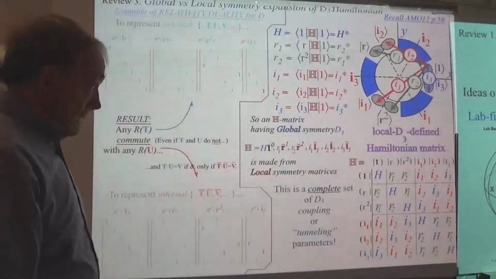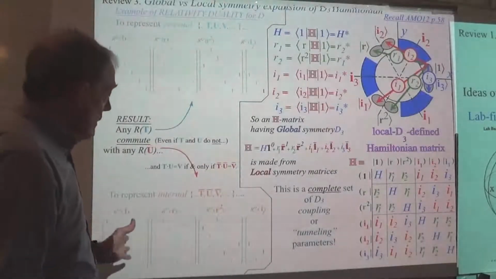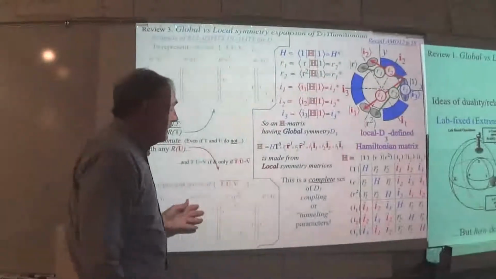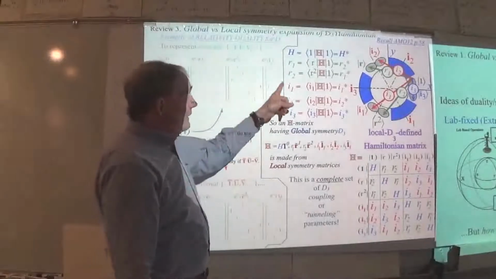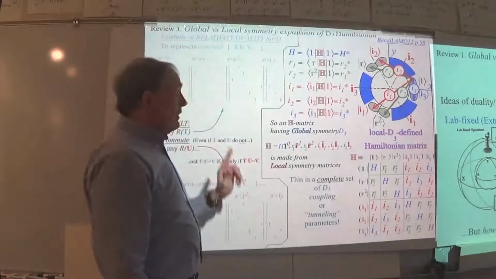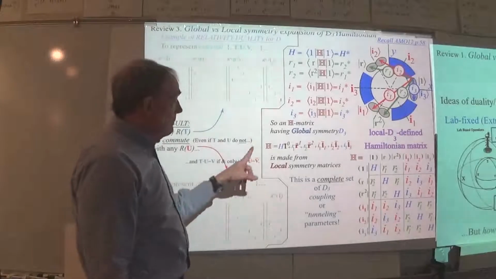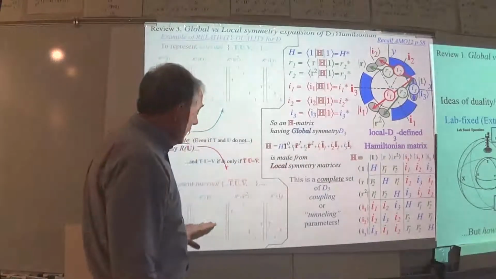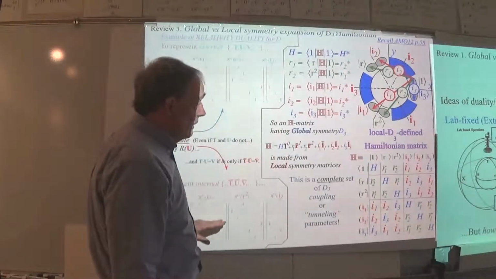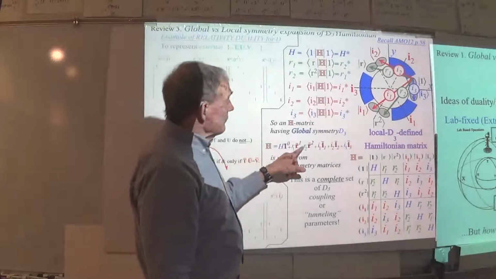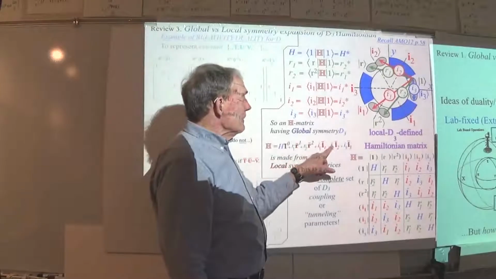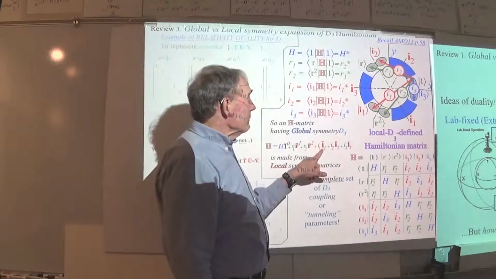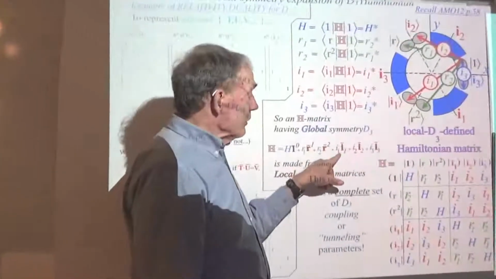So since all of these matrices down here have the symmetry that is represented by this, we're allowed to make the Hamiltonian a linear combination of these elements, these matrices down here. And for each of the elements we have a little letter that represents the element, but it's just a parameter.